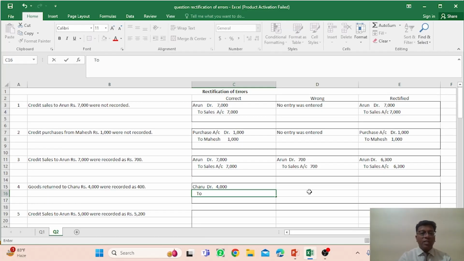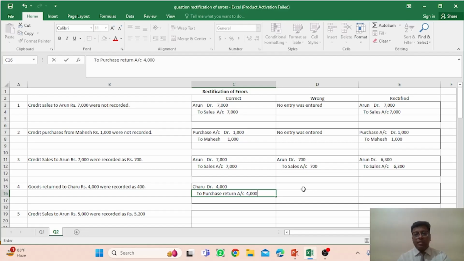Previously we had purchased the goods and now we are returning those goods to Charu. So it is purchase return, not sales return, because the return was made for goods that were purchased earlier.